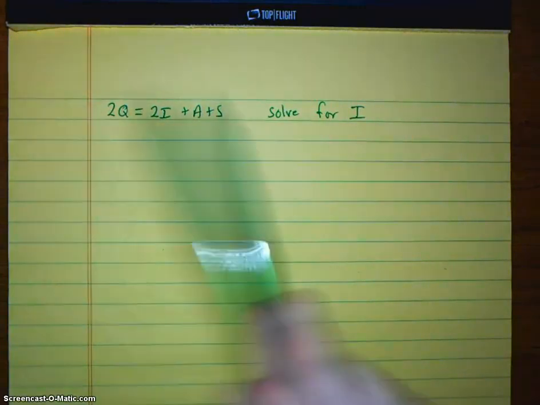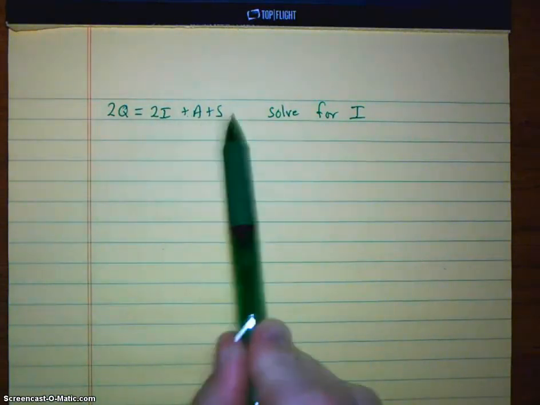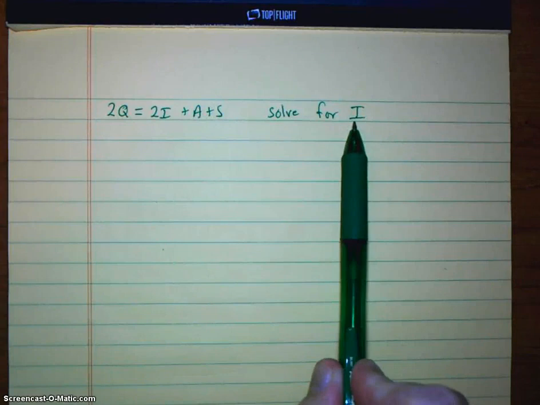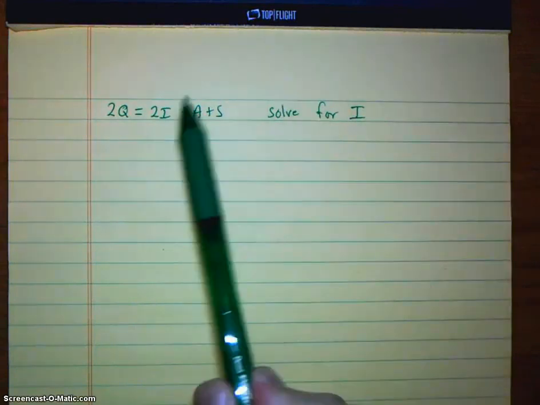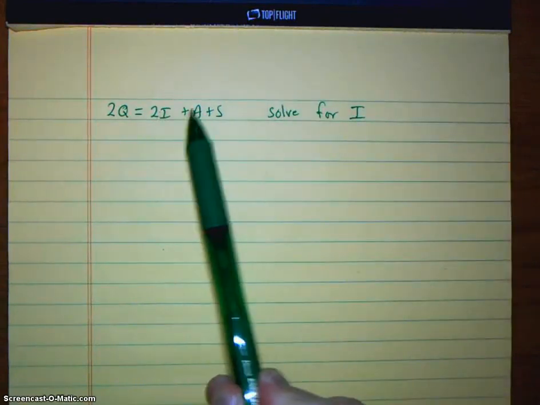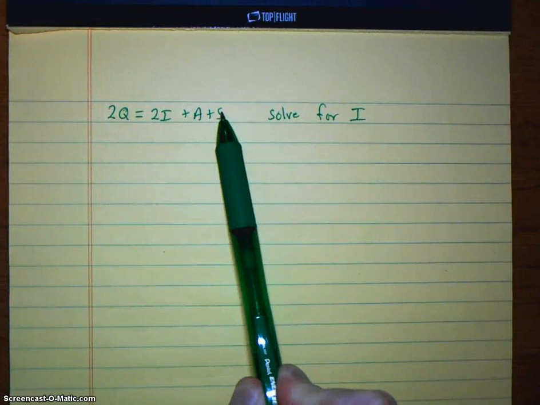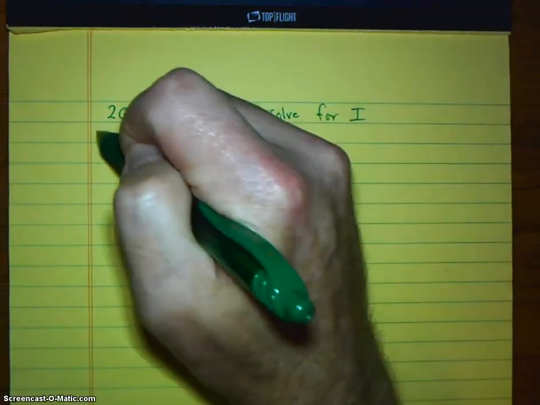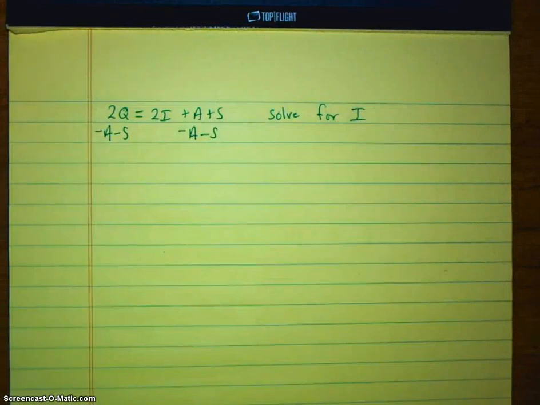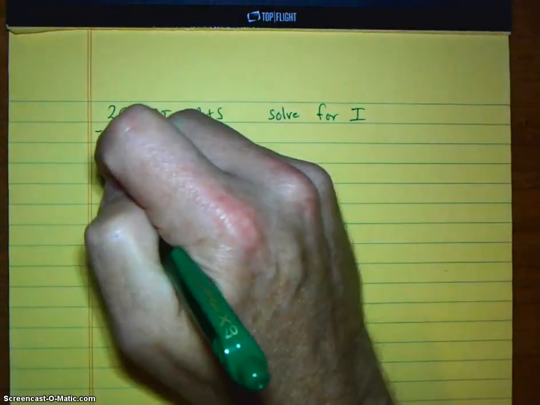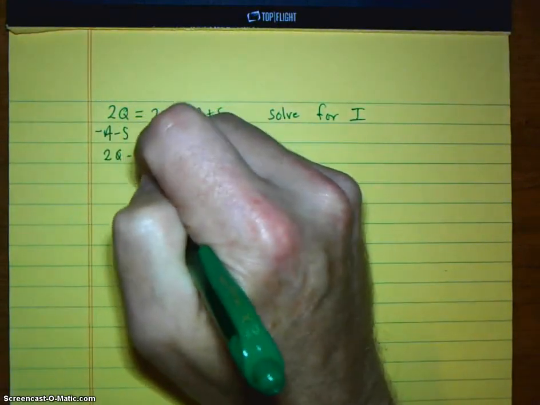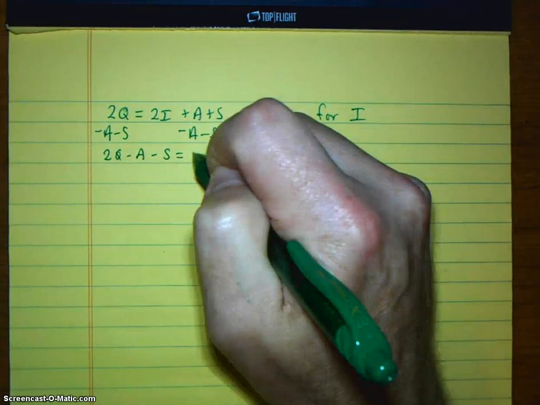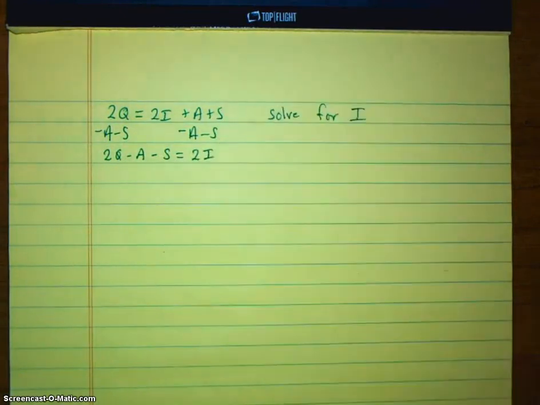We have 2q equals 2I plus a plus s. We want to solve for I. Again, the thing to notice is I is connected by a multiply and it's connected to things by add. When we're solving equations, we do the add and subtract first. So I'm going to subtract a and subtract s on both sides. 2q minus a minus s is 2I.